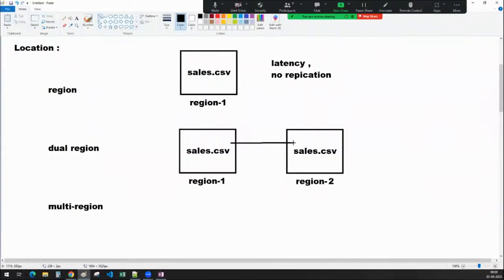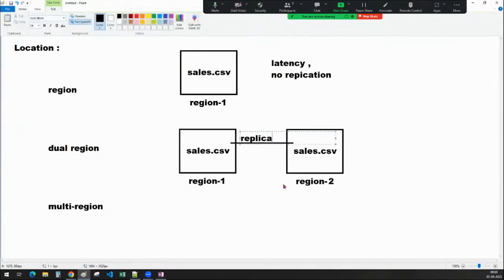What is the advantage? If region 1 fails over or crashes, your data will be available all the time from this region too. This is what I am calling replication.